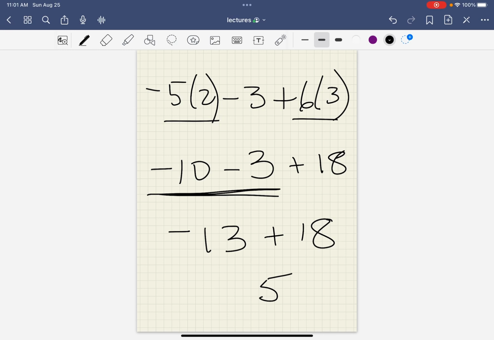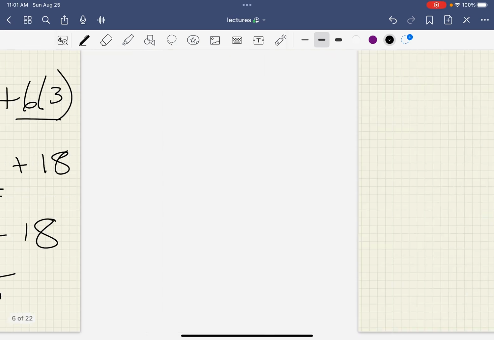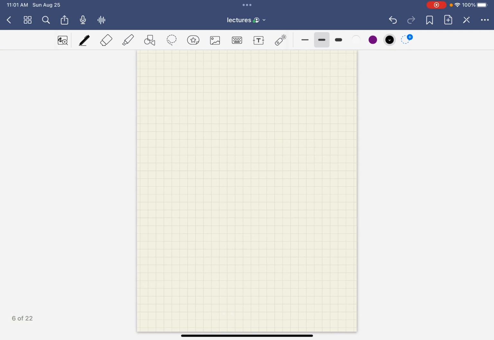All right, next. They're going to try to trick us. We just have to remember, always do the multiplication first. So this is 4 times 3 minus 2 times 5 plus 6.